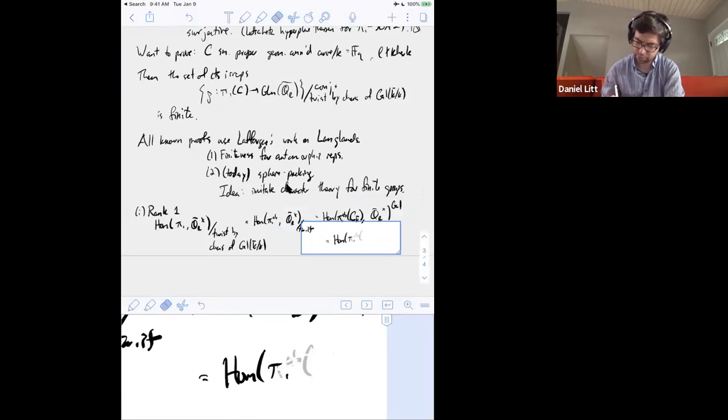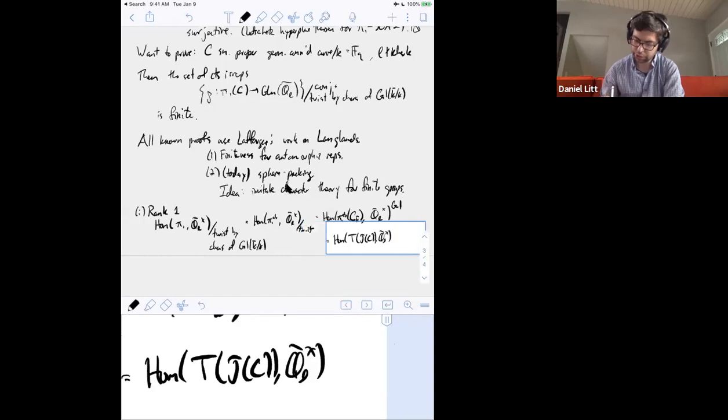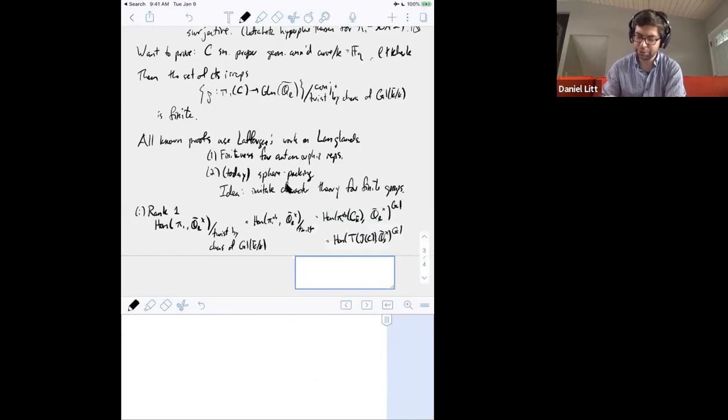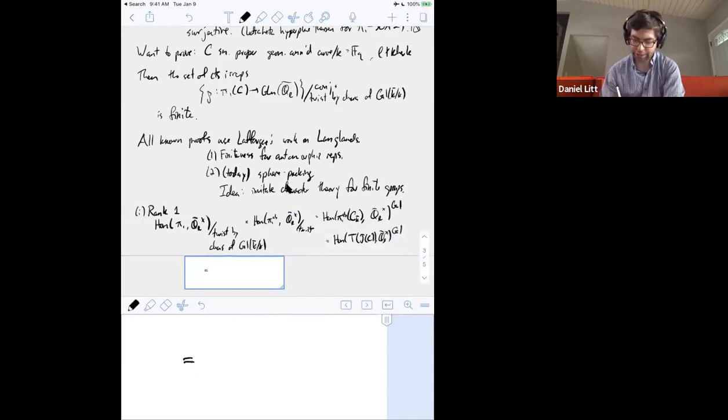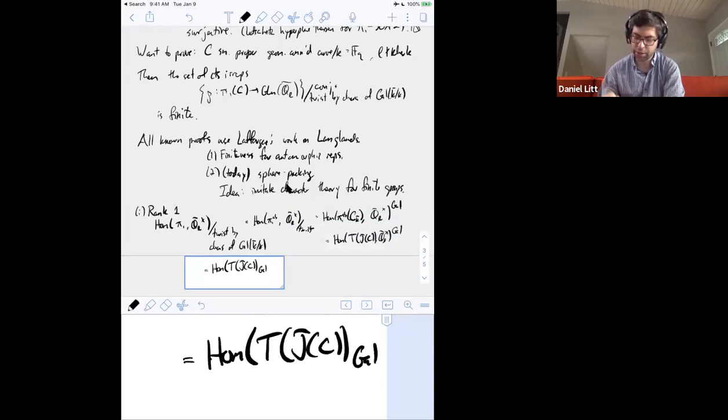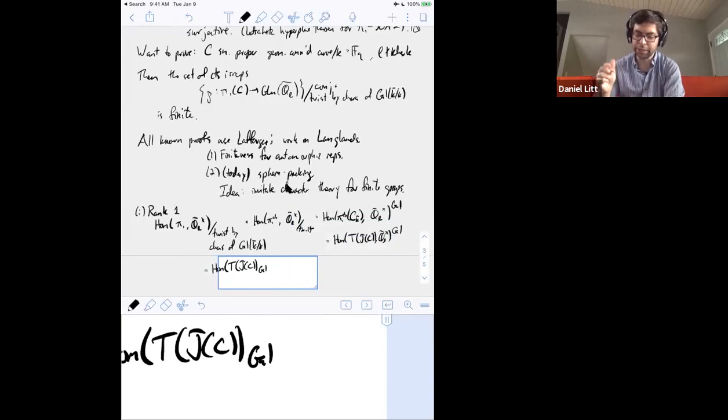Sorry. It's the total Tate module of the Jacobian of C. And we're looking at the Galois fixed parts of that. Okay, so can anyone give me a different description of that? So you have to do some unwinding, but it turns out this is the same as Hom of the co-invariants of Galois, so the co-kernel of Frobenius minus the identity on the Tate module, into QL bar cross.